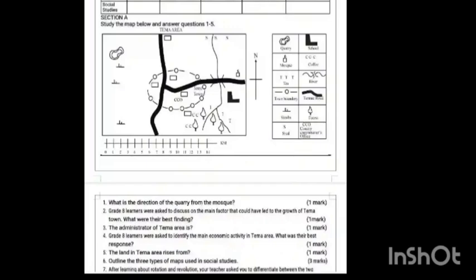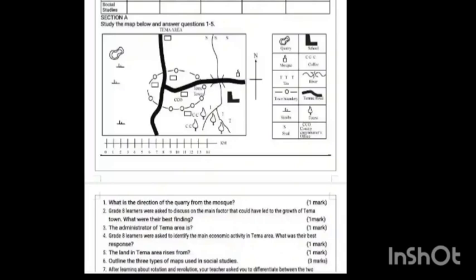There's also mining, evidenced by the presence of the quarry. Now, if we're asked about social services, you can talk about, oh right, I've realized there's also sisal, evidenced by a letter S, especially on the northeastern part of TEMA area.